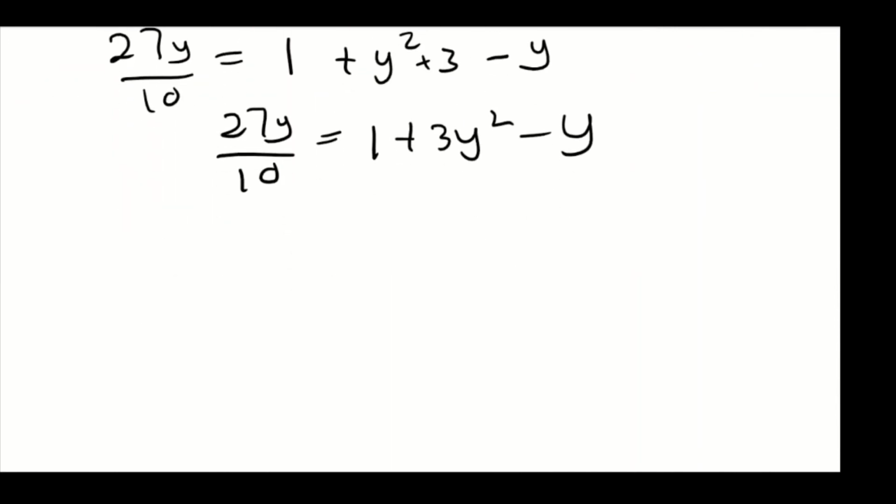And then we multiply by the 10. So we remove the denominator at the bottom, multiply by 10 on all sides.